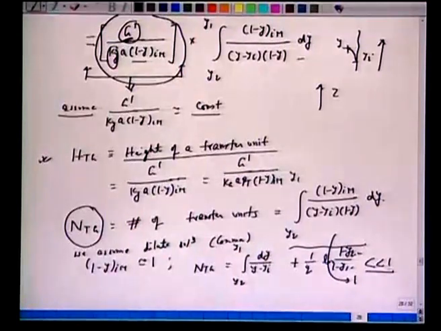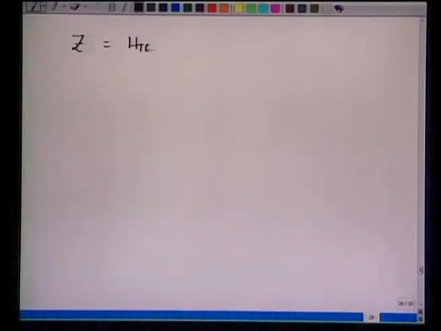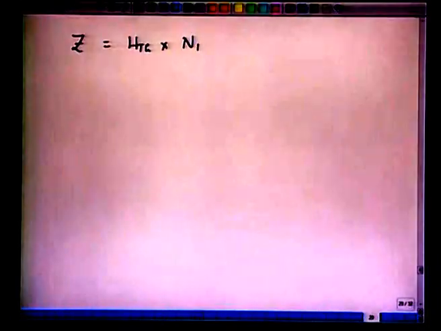It is a dilute gas. So, now we have very simple expressions for the height of a column, Z equals HTG multiplied by NTG, height of a transfer unit based on the gas phase, number of transfer units based on the gas phase.